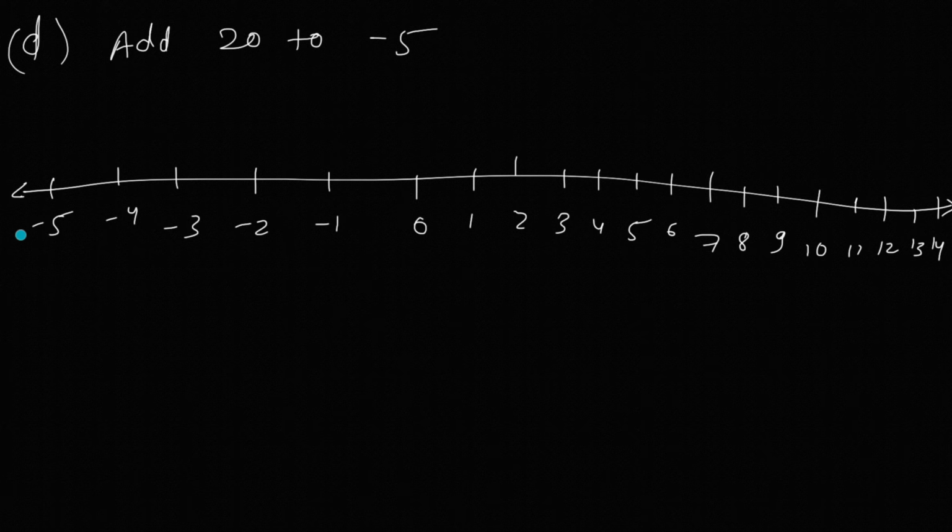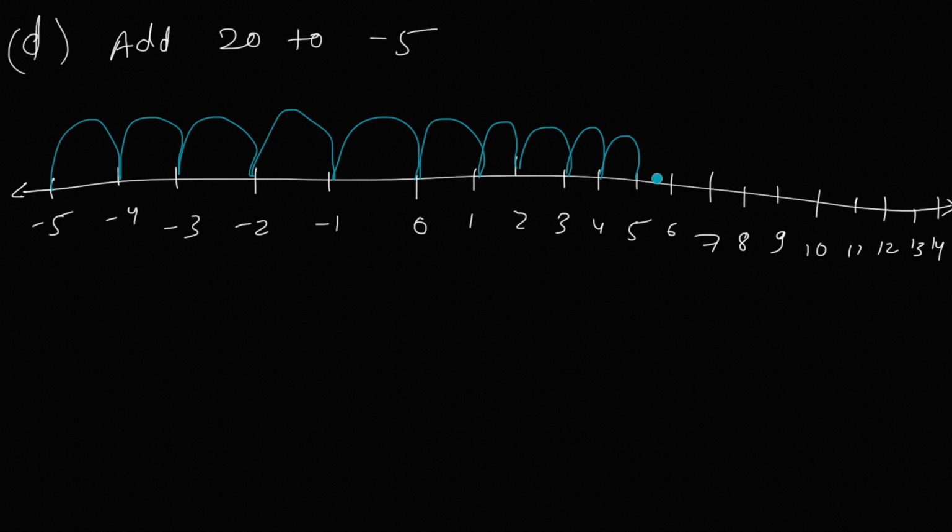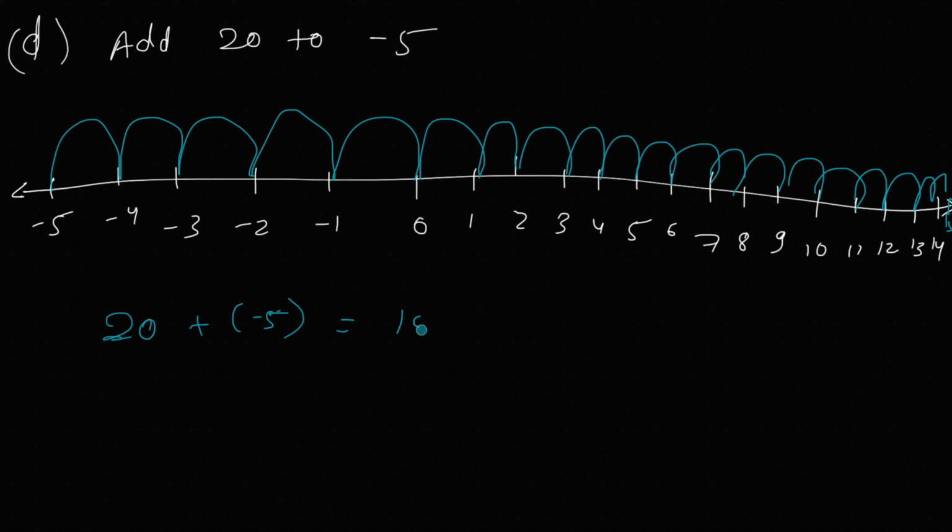We have to add 20 from here. 1, 2, 3, up to 20. It means we land on 15. So when you add 20 to -5, it will give you 15.